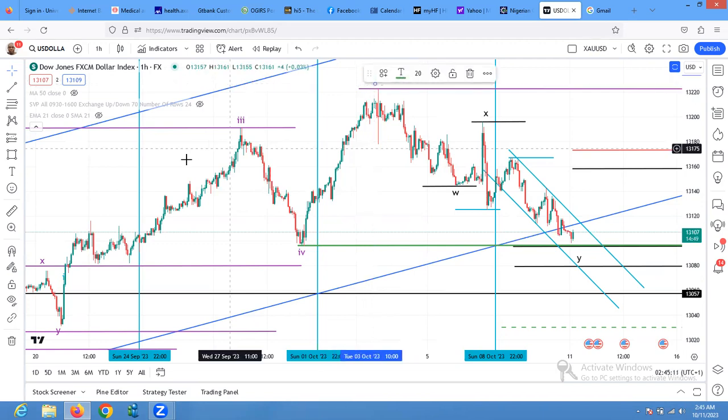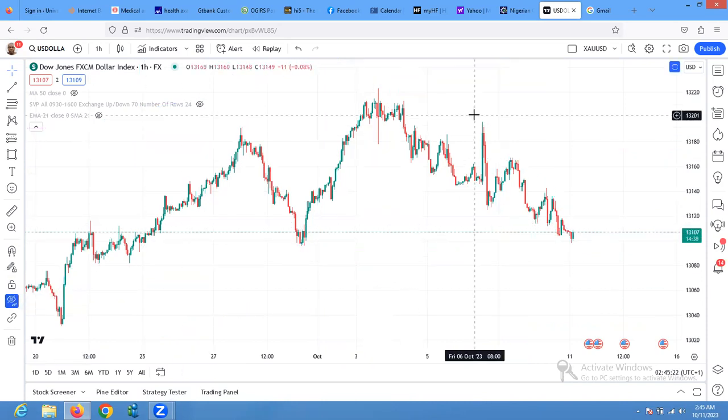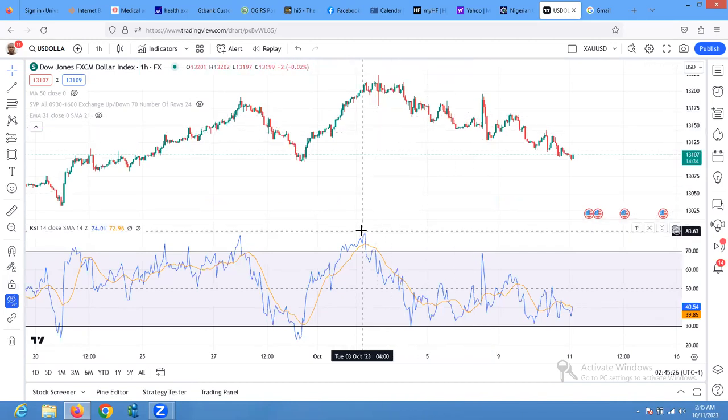And why do I think we have seen the end of a big 3? There are things that are aligning for me. This is US dollar index. Now, if we bring out our RSI, look at the height of RSI here that correlates with the height of 3.